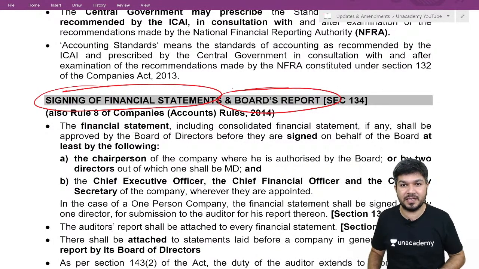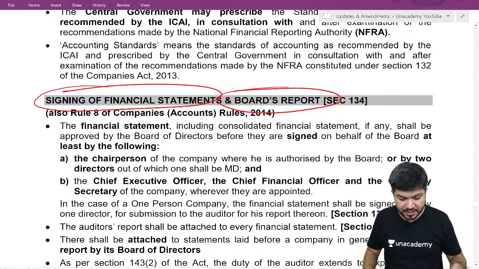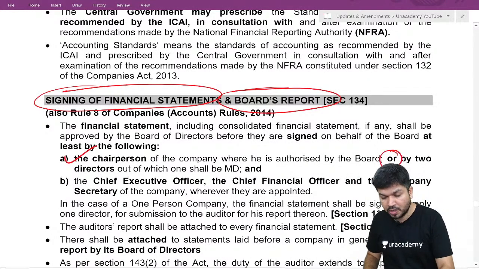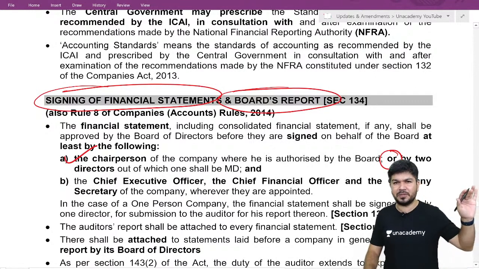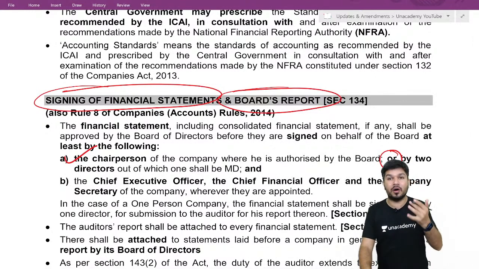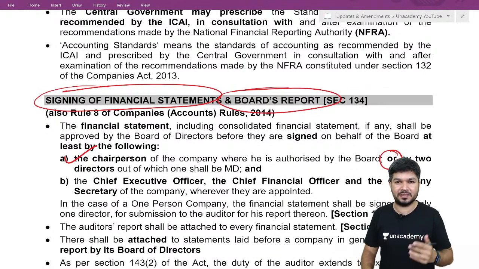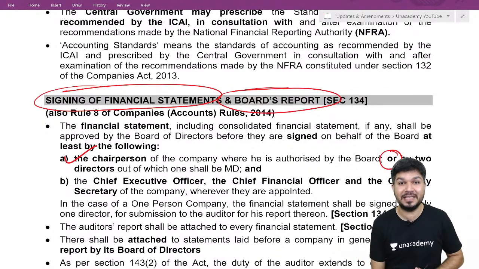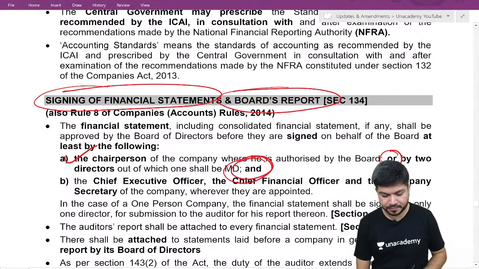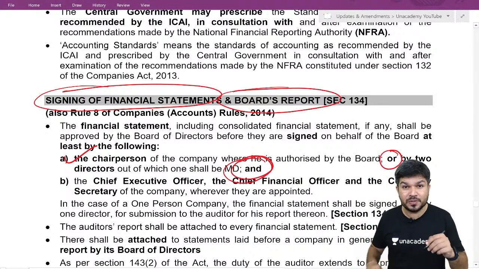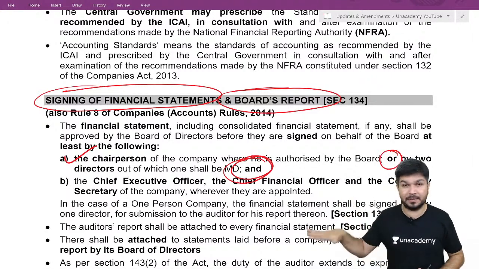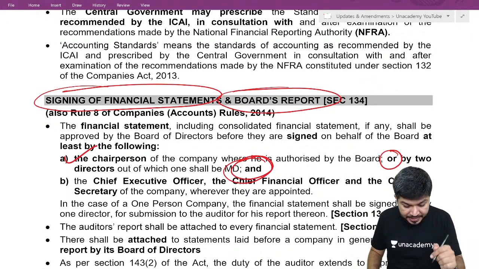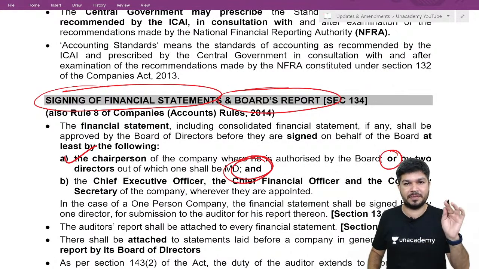So who has to sign the financial statement on behalf of the board of directors? The chairperson, or 2 directors, out of which one shall be a managing director, if any. And the CEO, CFO and company secretary of the company have to mandatorily sign the financial statements.